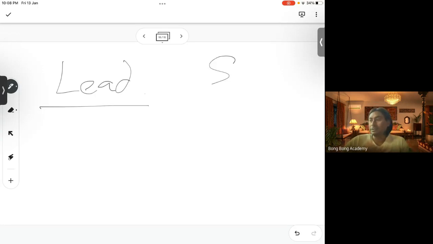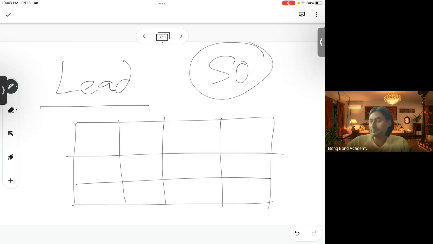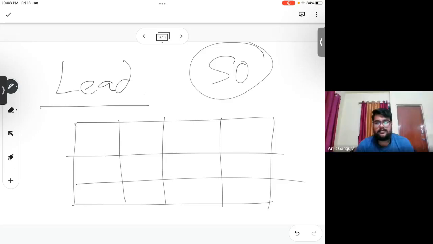It's a standard object. What should be the columns you think it should have? Tell me. Names, contact number, email ID. Name.